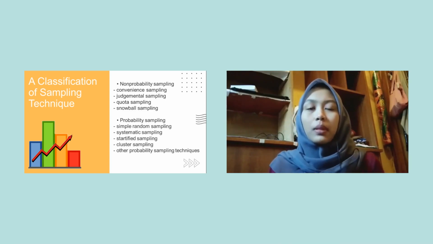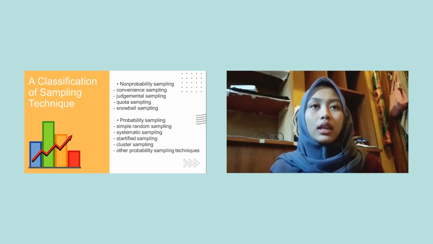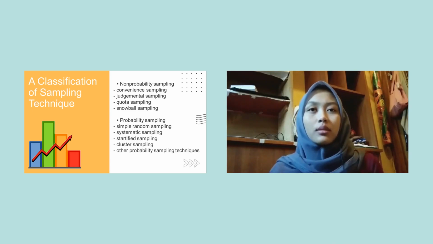Next, stratified sampling, a probability sampling technique that uses a two-step process to partition the population into subpopulations or strata. Elements are selected from each stratum by a random procedure. Cluster sampling. First, the target population is divided into mutually exclusive subpopulations called clusters.